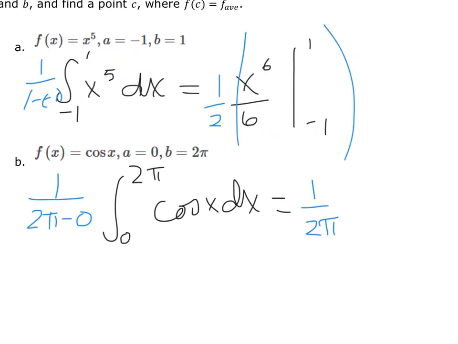If I take the derivative and get cosine, what did I have to start out with? So I had to have started out with sine. So I started out with sine x. I integrate from 0 to 2 pi. And that 1 over 2 pi is just 1 over b minus a. That's it. It's the 1 over b minus a.